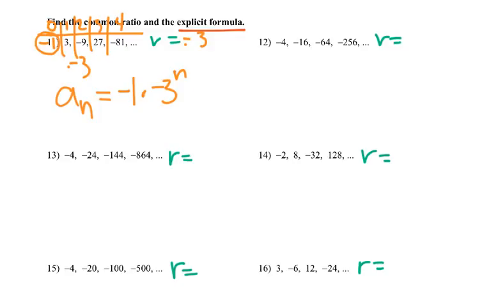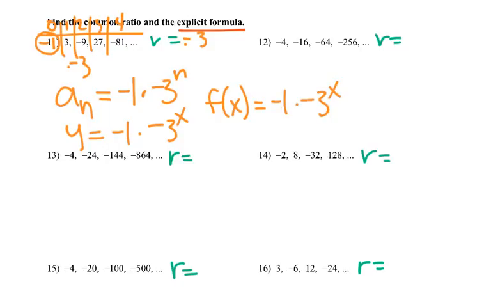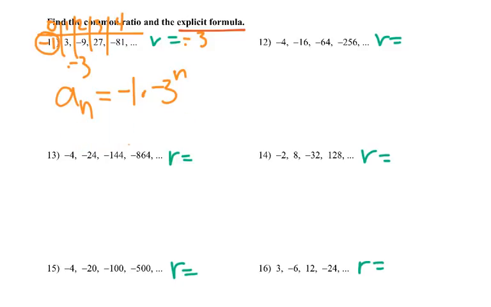Okay. Could you write it y equals negative 1 times negative 3 to the x? Yes. Could you write it f of x equals negative 1 times negative 3 to the x? Yes. I accept any one of those. They're all the same to me. Are they slightly different? Yes, they're slightly different. But for us, it's not as big of a deal.